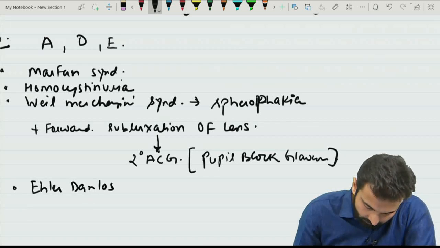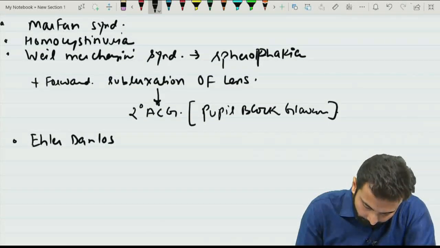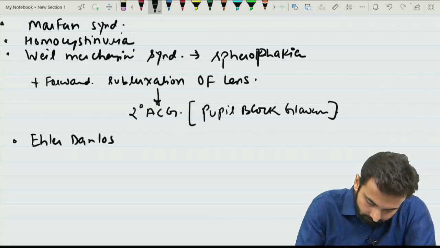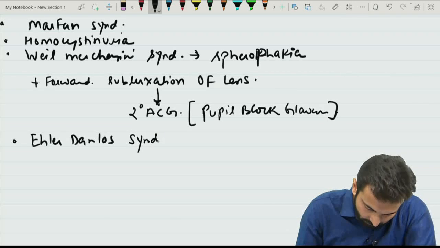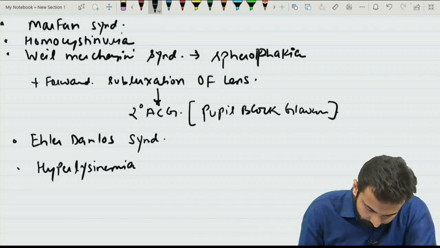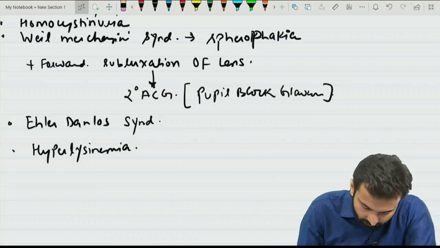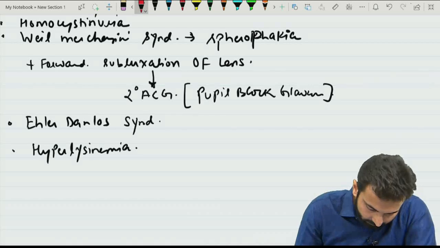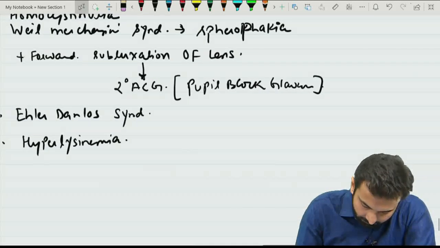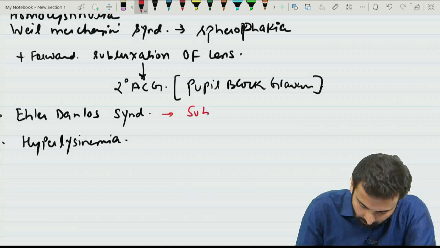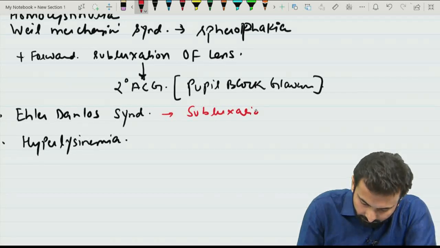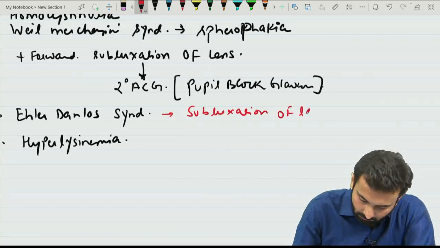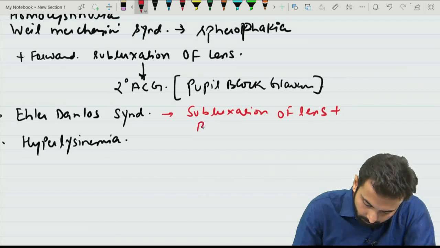Other syndromes which are associated are Ehlers-Danlos syndrome and hyperlysinemia. In Ehlers-Danlos syndrome, there is subluxation of lens, plus the patient has blue sclera.